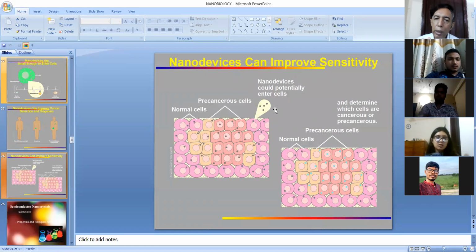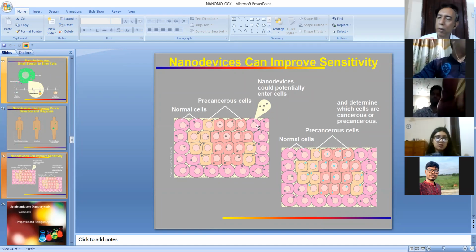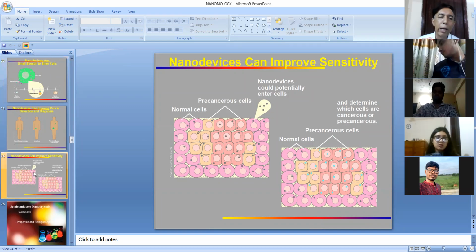Now, a nano device enters into the cell and can tell you whether it is a precancerous cell or a normal cell.